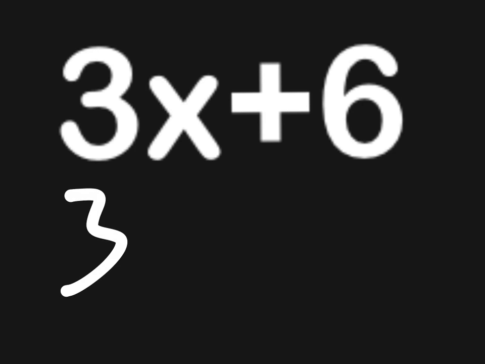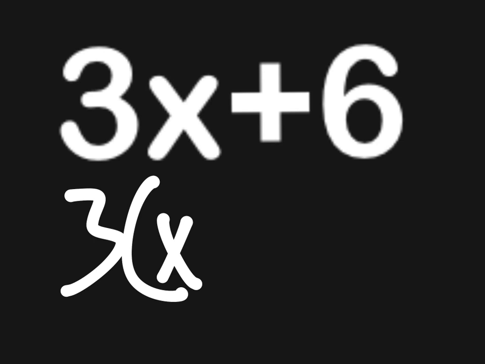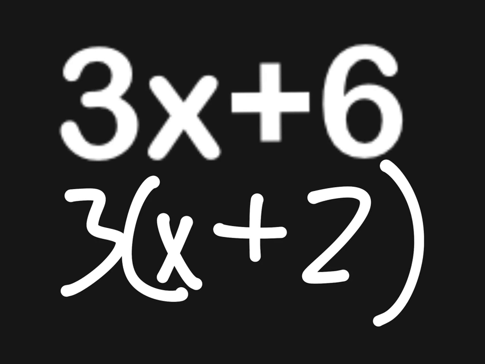So I would say 3. And you just put x, because 3 times x is 3x, which is right up here. And then you would have to add 2, because 2 times 3 equals 6. Easy weasy peasy.